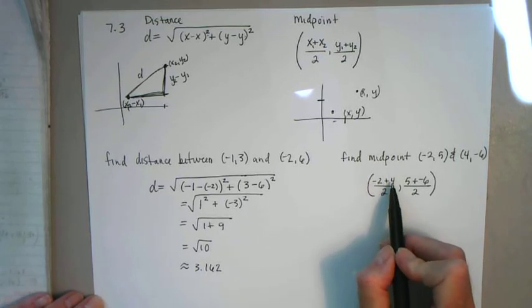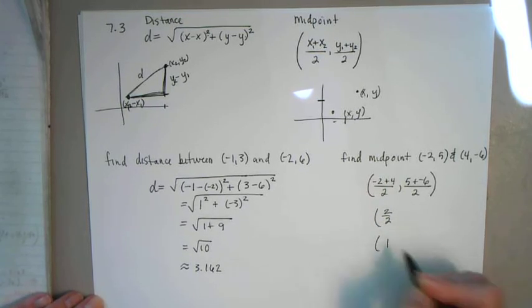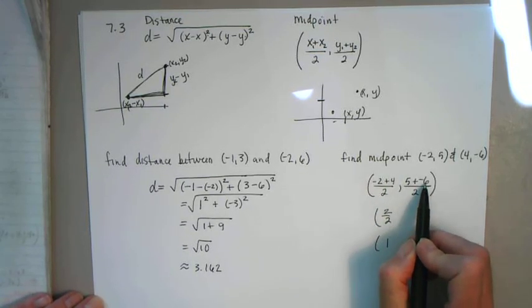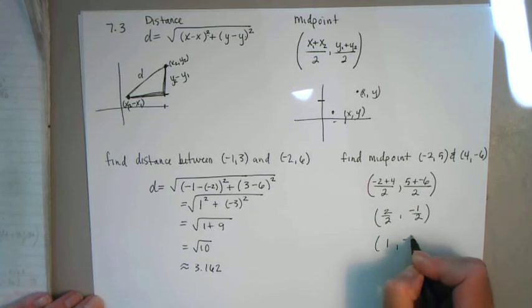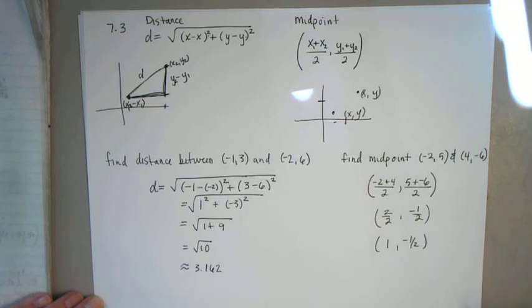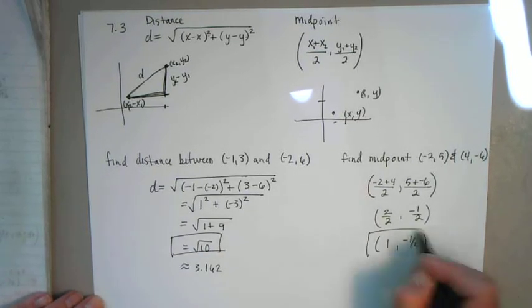So -2 plus 4 is 2, and 2 divided by 2 is 1. 5 subtract 6 is -1, and that one won't reduce any further, so it's just -1/2. So that's your answer, and that's your answer.